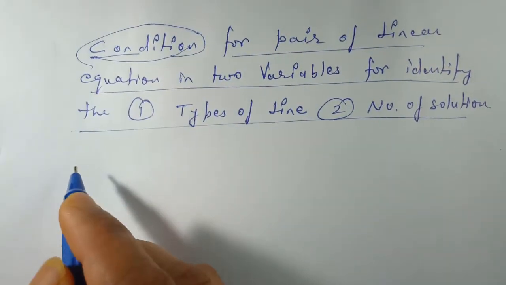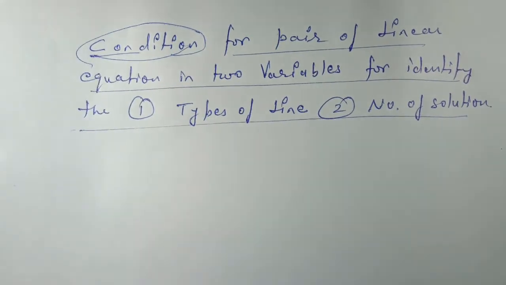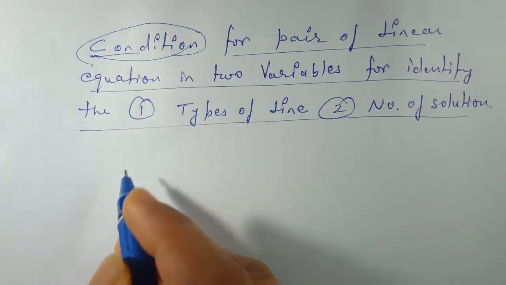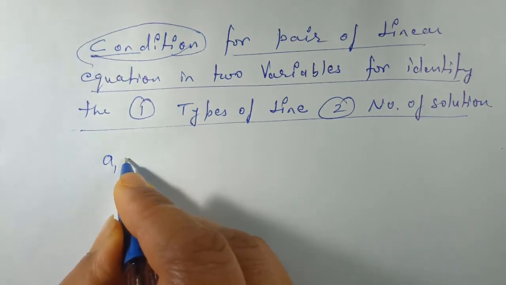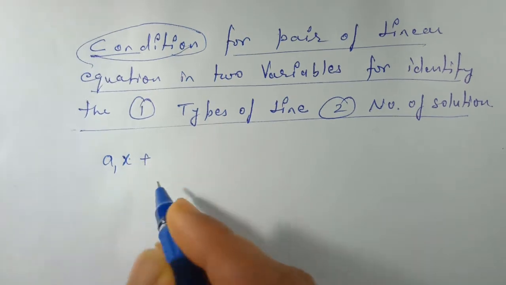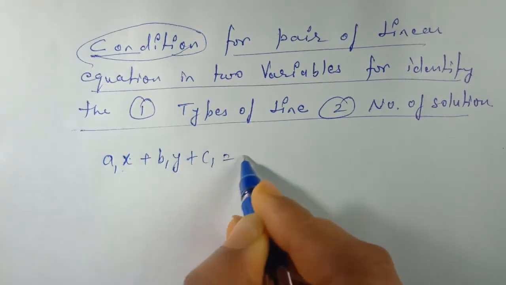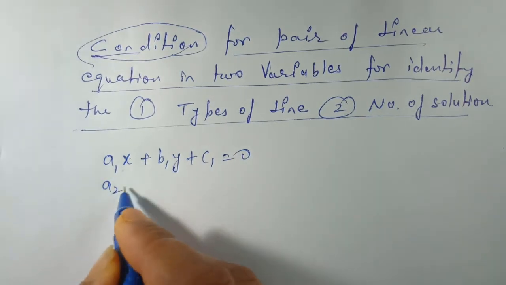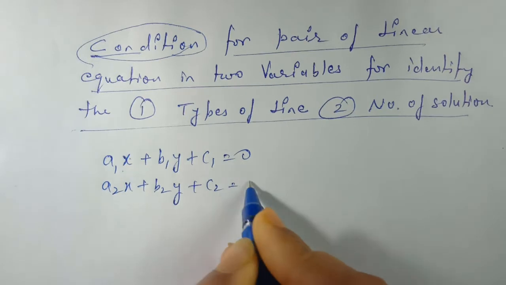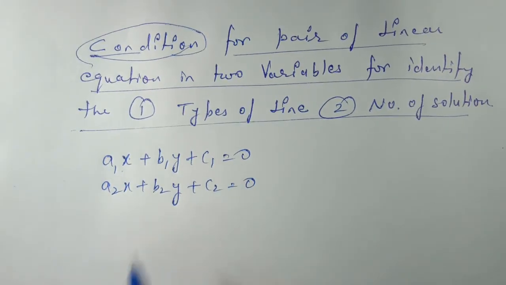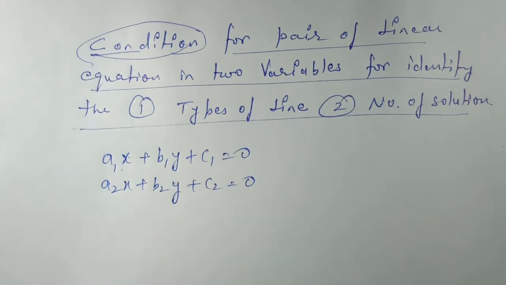So let us first start with the standard form or general form of linear equation. We have learned that a pair of linear equations in two variables is written as a1x plus b1y plus c1 equal to 0, and second a2x plus b2y plus c2 equal to 0. So if we have to find the types of line, how can we find?